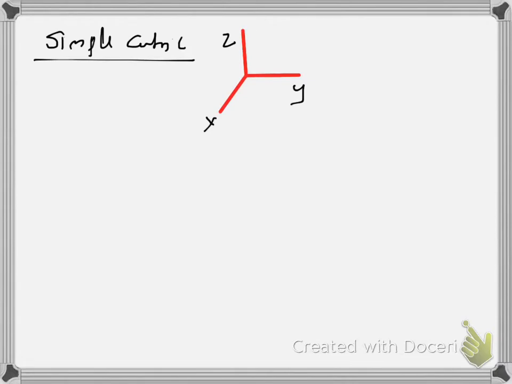But now for drawing lattice planes, it is better to rotate it by 90 degrees. When the axes are rotated by 90 degrees, y goes to the back, x comes here, and z remains at its place because z is perpendicular to the plane of rotation.